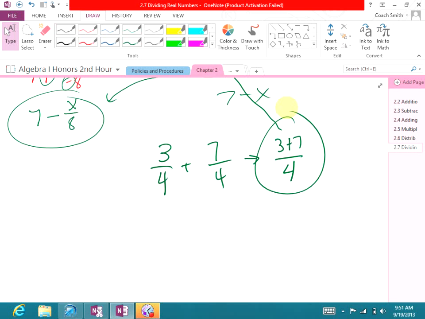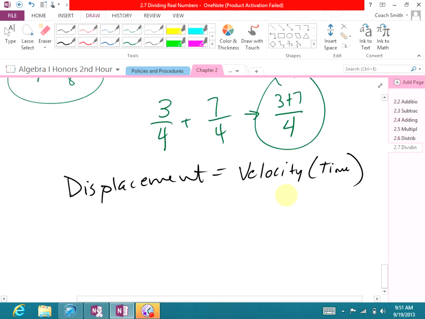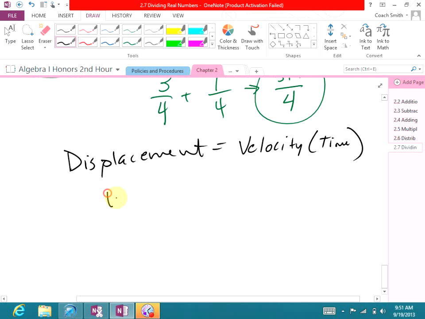Let's quickly talk about our formula from yesterday. Displacement was equal to what? Vertical displacement equals velocity times time. Well, what they're going to want to know today is velocity.